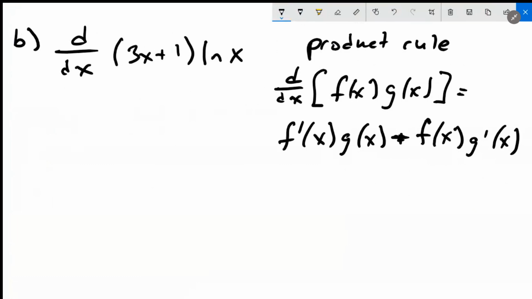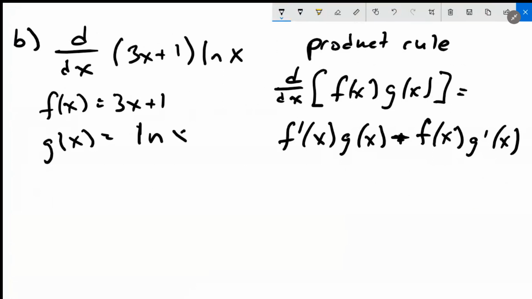So in our case here, we could say that f of x equals 3x plus 1, and g of x equals ln of x, right?